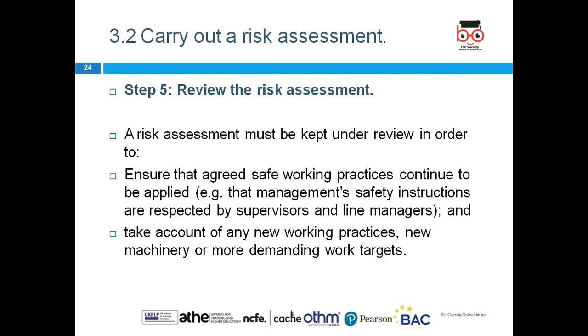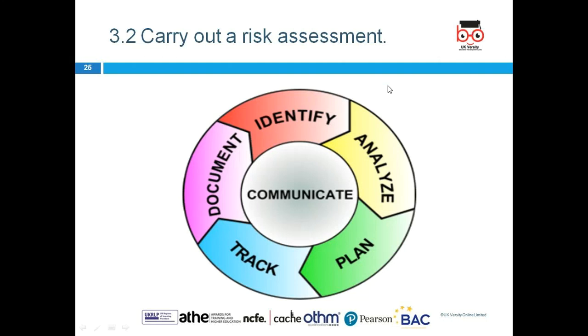It also takes into account any new working practices. So if you review all the risks that you've already identified and there's a new working practice that you started doing anyway, you can incorporate that into it. So again, you've got identify, analyze, plan, track, and document. In total, just communicate all the risks that are there.